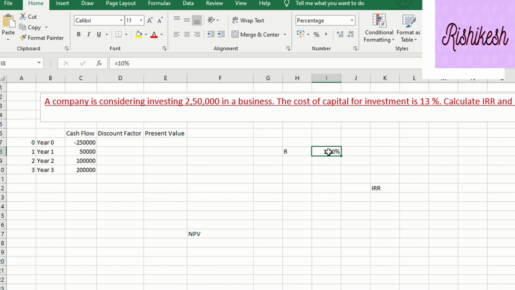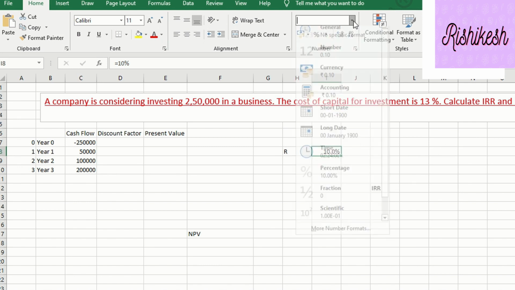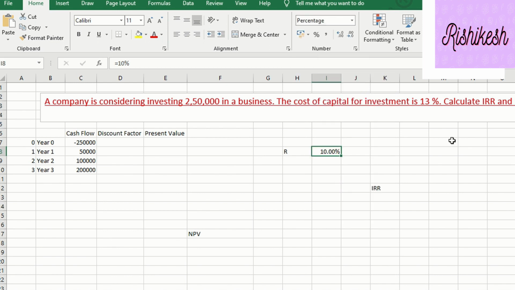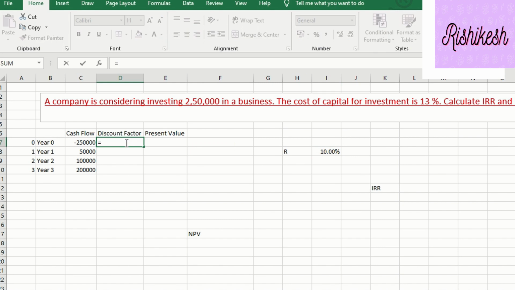And remember, once you're placing it in percent, always put it in percentages, otherwise it will show you decimal format. So 10% is the rate that I've taken, a kind of random value. Then I will take the discount factor, which is nothing but 1 divided by bracket 1 plus R, and R I will freeze because I don't want it to change, bracket closed, to the power of, linked to here so that I don't need to put it again and again manually, and the discount factor will come to be 1.